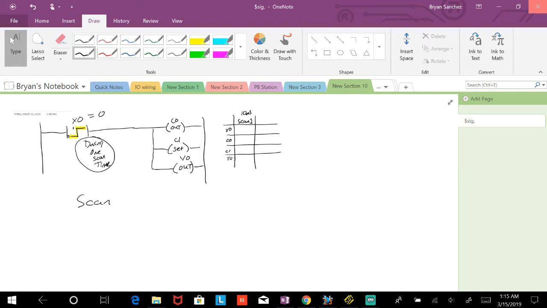In the scan of the PLC, the first step basically monitors all inputs and creates a data table. Puts them in a table. So in this case, the only input that we have is X0, right? X0 equals 0. All right. Step 2 processes or executes the logic, or evaluates the logic.